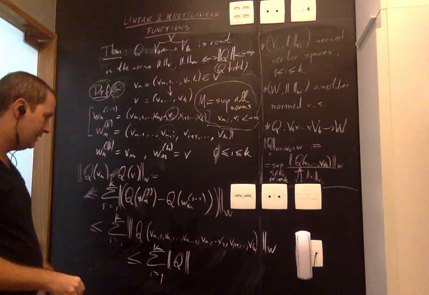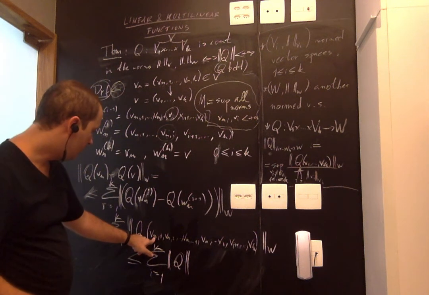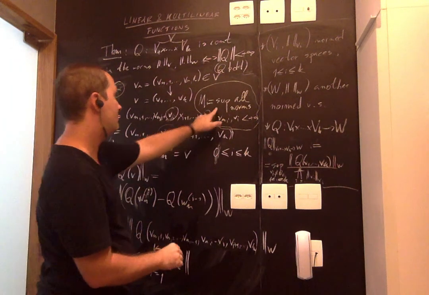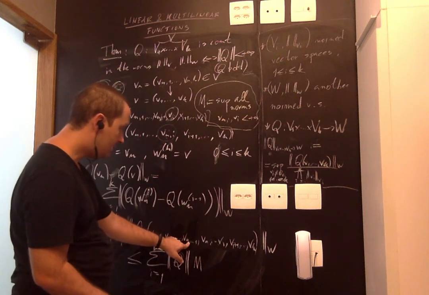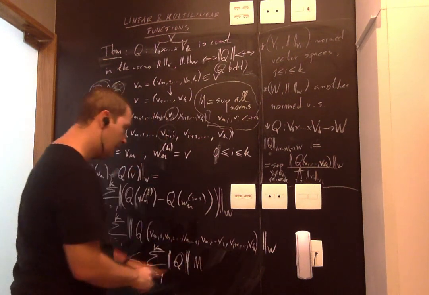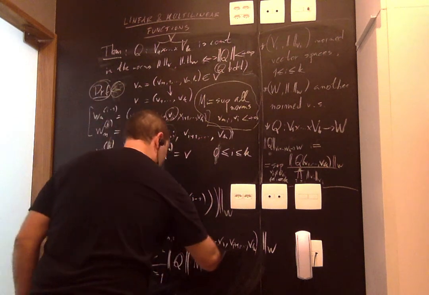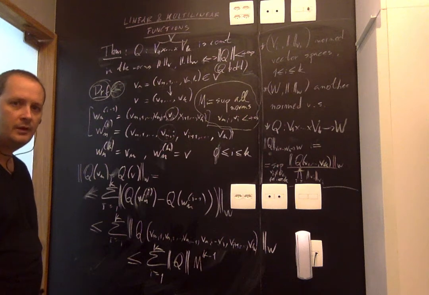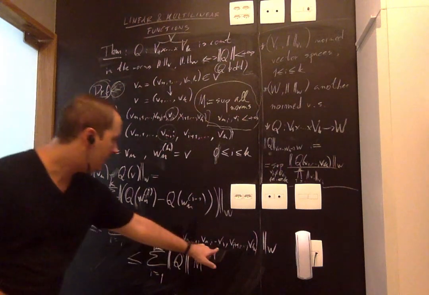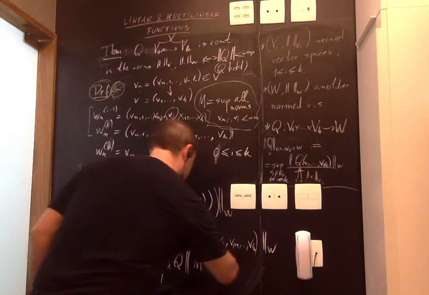Notice this: the norm of Vn1 is bounded by this constant m, Vn2 the same, Vn i minus 1 the same, all terms, so I get m to the k minus 1. And finally, I have this guy that's different.